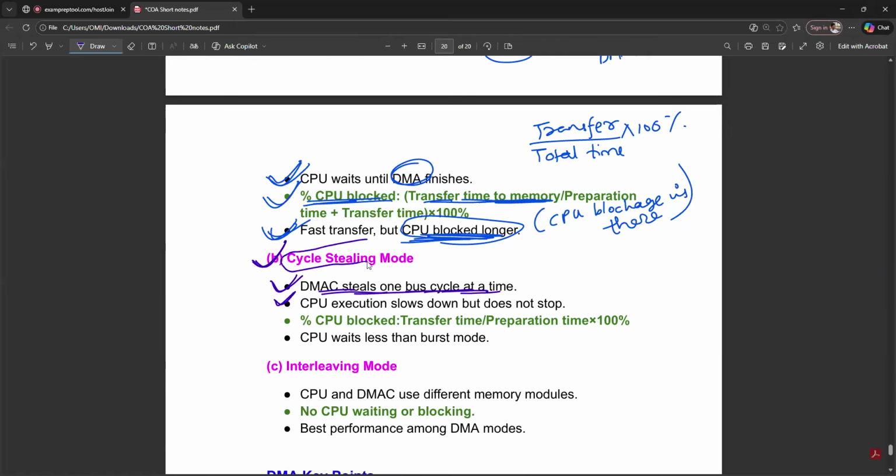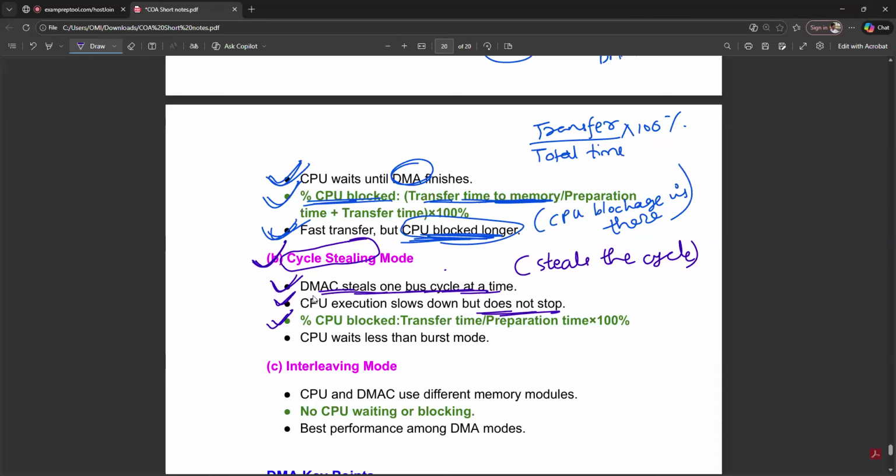Here, in cycle stealing, its name suggests that it steals the cycle. CPU execution slows down but does not stop because it steals one cycle, then the CPU gets one cycle, something like that. One or maybe two cycles it steals.